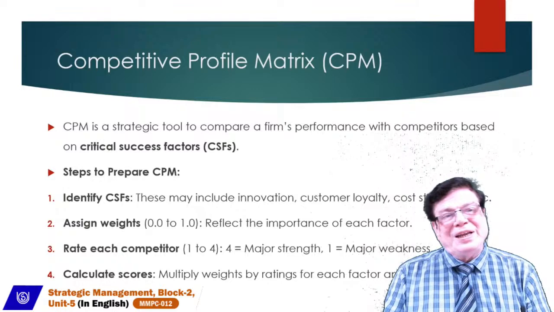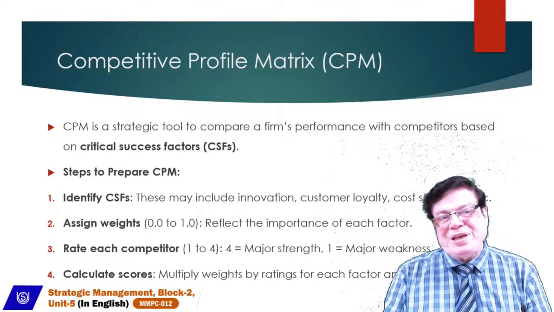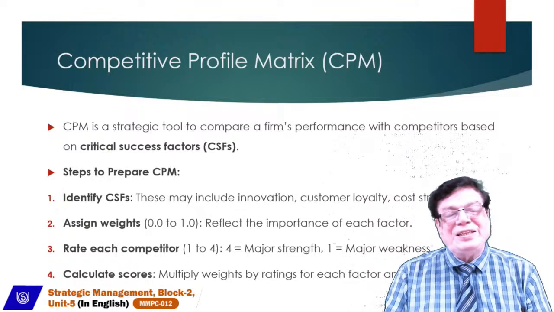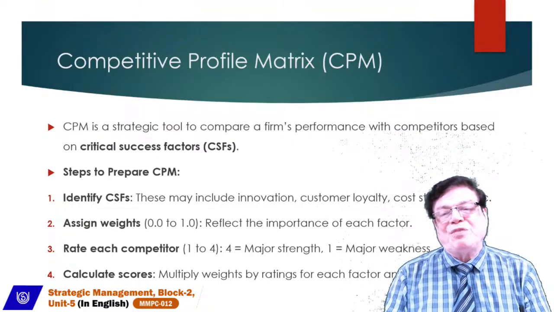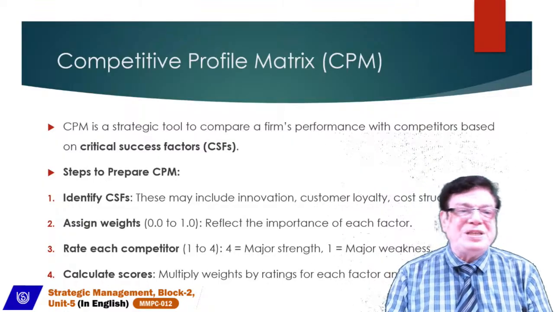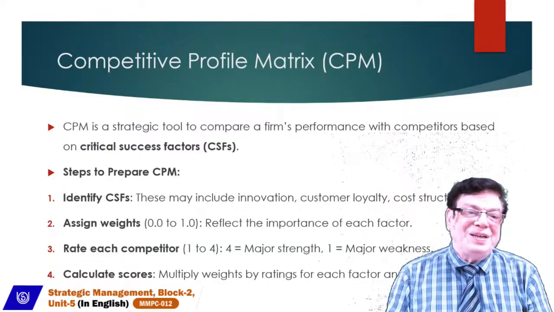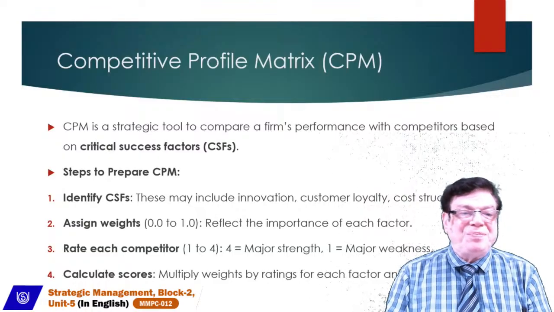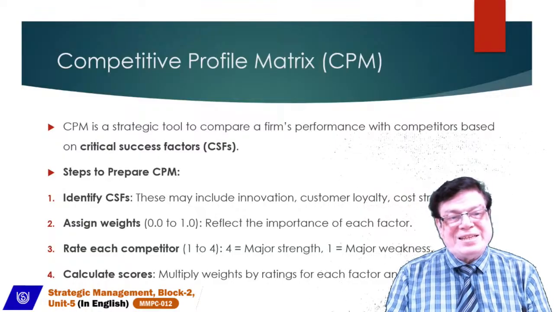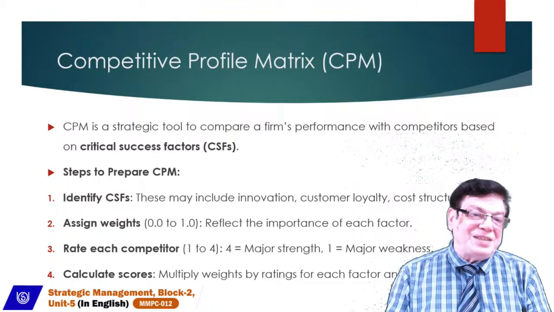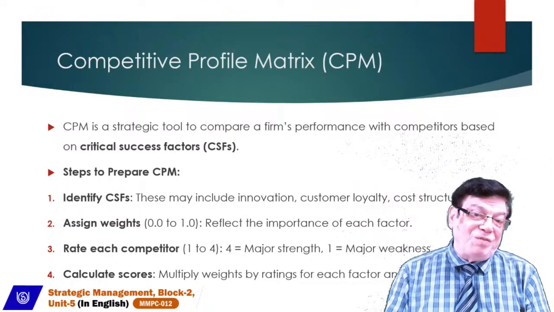So we are studying competitive profile matrix, CPM. CPM is a strategic tool to compare a firm's performance with competitors based on critical success factors. Steps to prepare CPM are: identify CSF, identify critical success factors. What are the factors of their success?